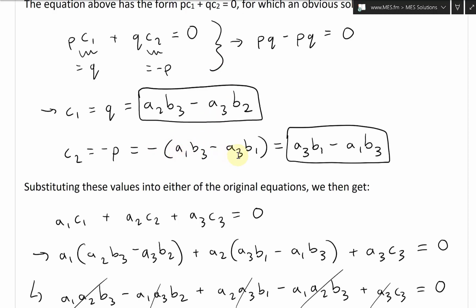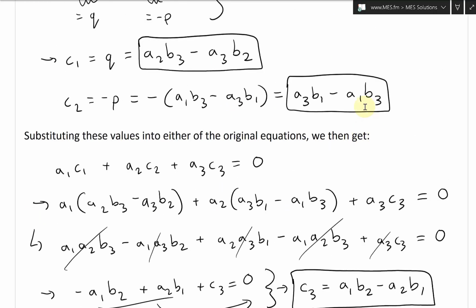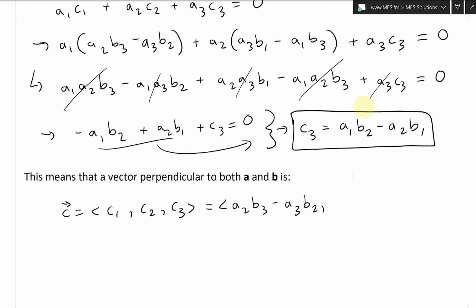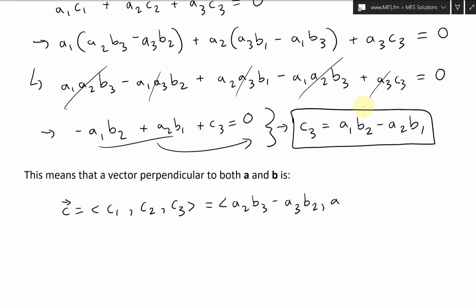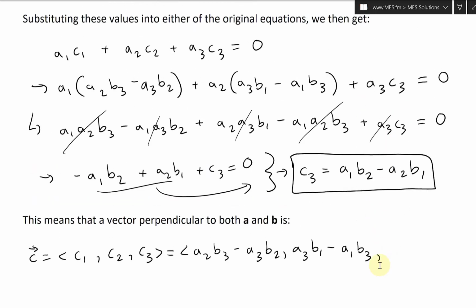So instead of A1, we'll go with A3: A3, B1 minus A1, B3. So notice there's a pattern that's arising. And then the last one is C3, which is A1, B2 minus A2, B1, close bracket.